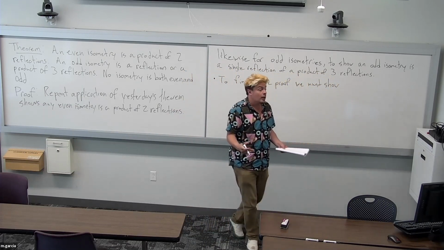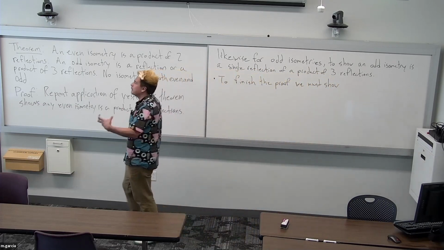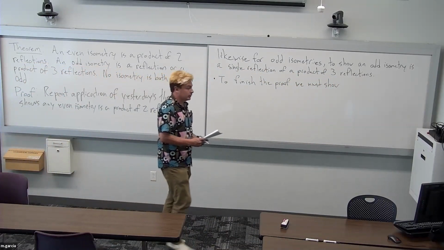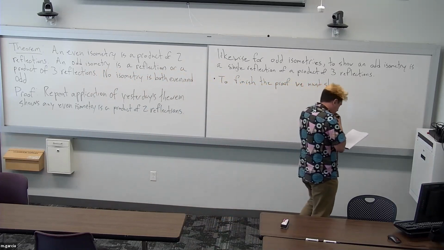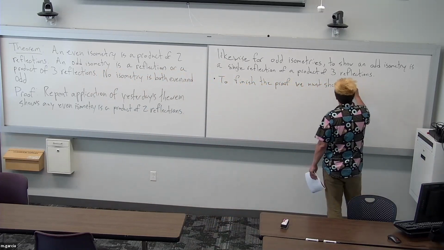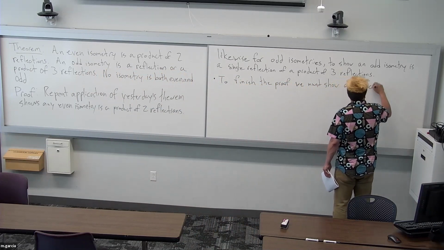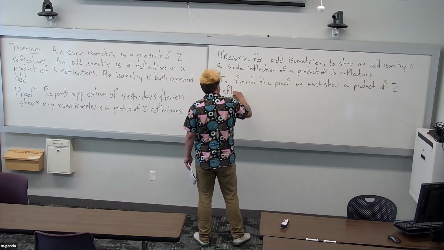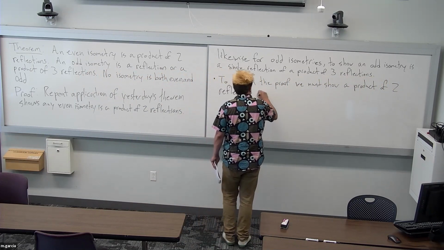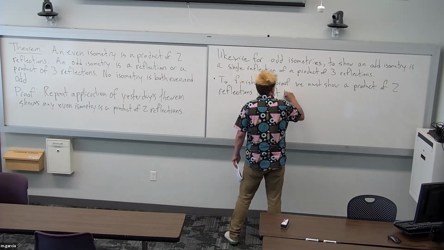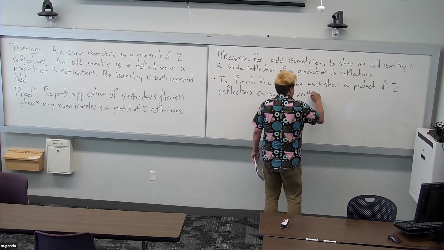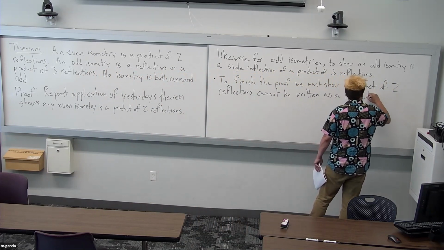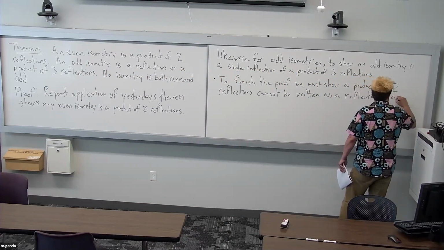We have to show that a product of 2 reflections cannot be expressed as a single reflection, nor a product of 3 reflections. Okay? We must show a product of 2 reflections cannot be written as a reflection or a product of 3.